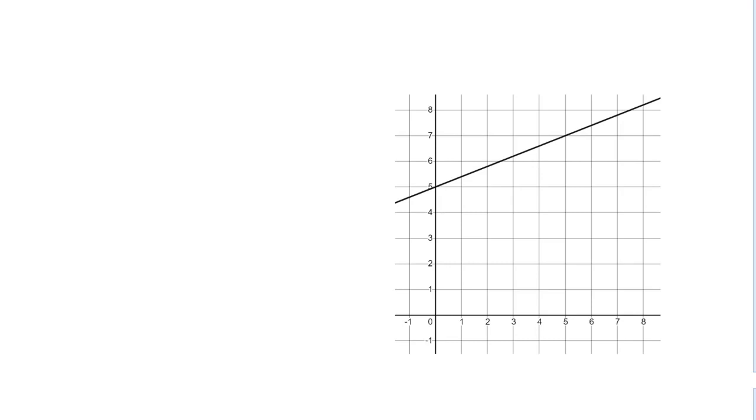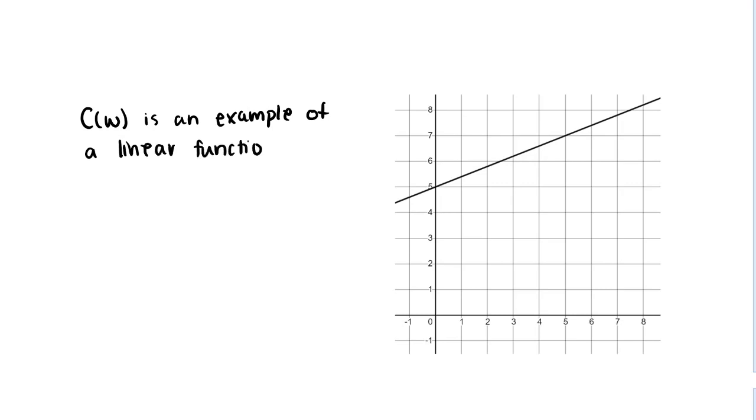It's a straight line. For this reason, we call this function C of w an example of a linear function, meaning a function whose graph is a straight line.